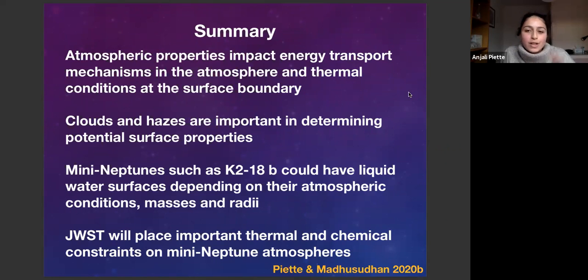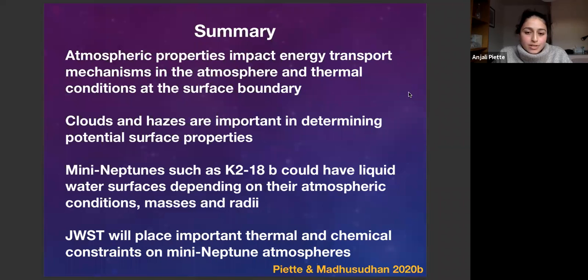The atmospheric properties really impact both the energy transport, for example, where the radiative convective boundary is, and it really affects the temperature conditions deeper in the atmosphere. Clouds and hazes are really important in determining those temperature conditions. So even though they're a bit tricky to model, I think it's very important going forwards that we do include them.